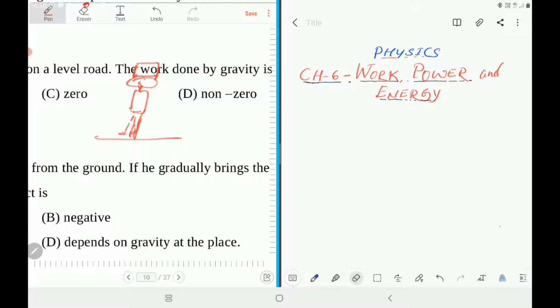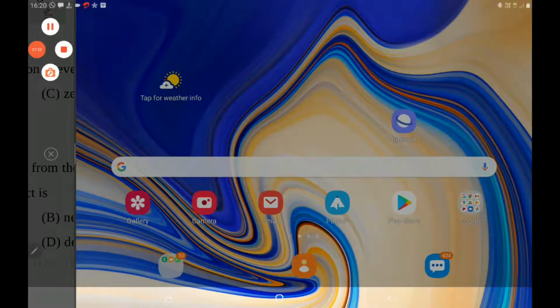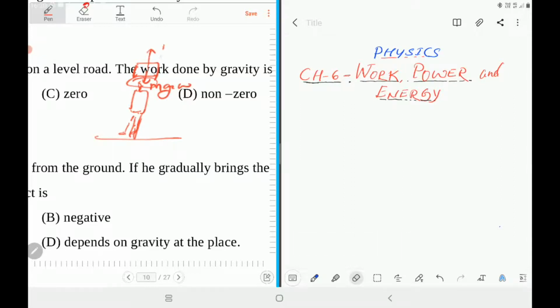The weight acting on the person is the weight of the body, that is W. To balance that weight, he applies a force upwards. The force applied by the person is equal to the weight, vertically up, whereas he is walking horizontally.